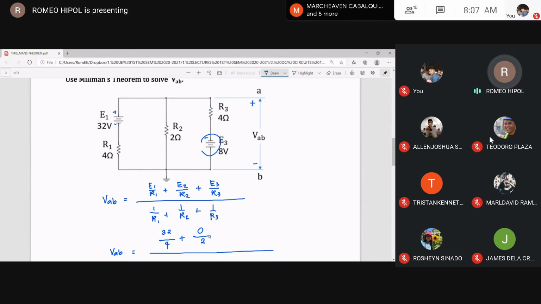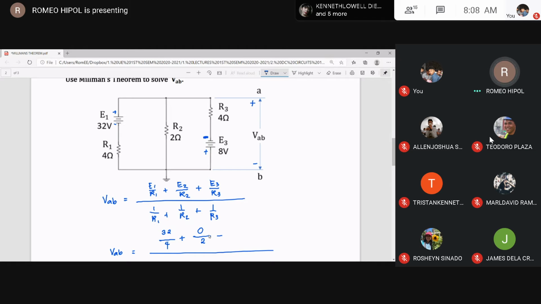If it is the negative terminal side of the battery, for example, for the third branch, we have the positive and negative terminal, di ba? It is connected on the terminal A with a negative value. So, gagawin natin, we're going to subtract the equivalent current for that branch.